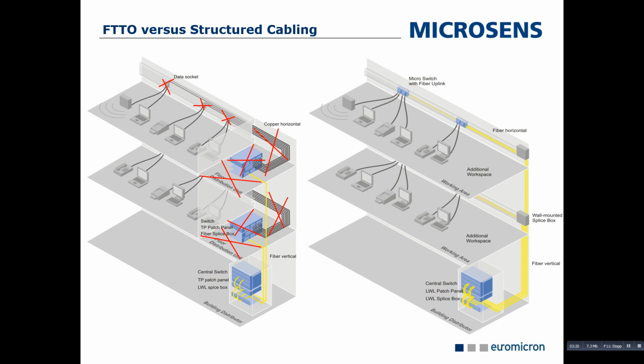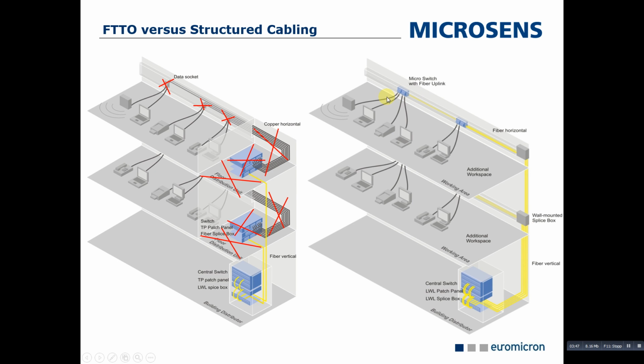So now let's go back to this solution. What we can see here, the core switch is still there, but now we are going with a fiber cable directly to the micro switch. The micro switch is a very small switch of Microsense for the FTTO solution. So you go with a fiber cable to the micro switch, and from here you directly go to the end devices. You have 1 or 2 fiber ports, and then you have 4 RJ45 ports where you can directly connect your end devices.